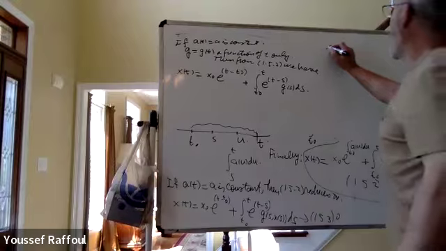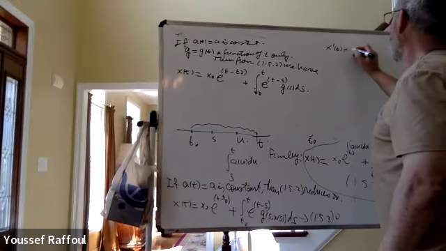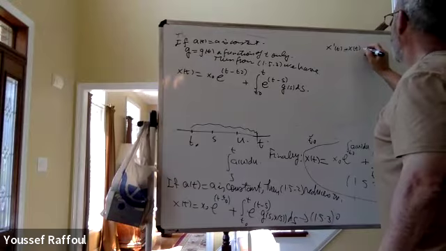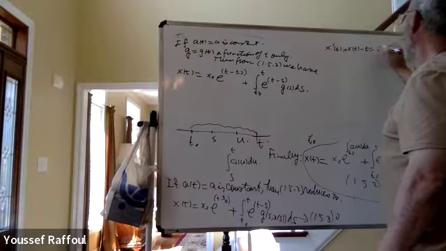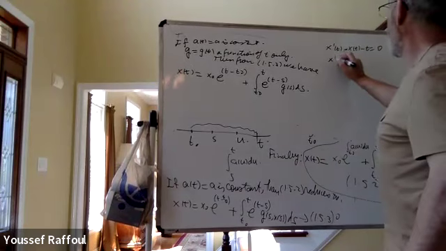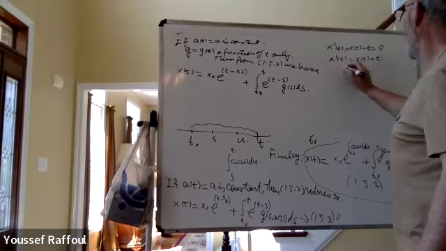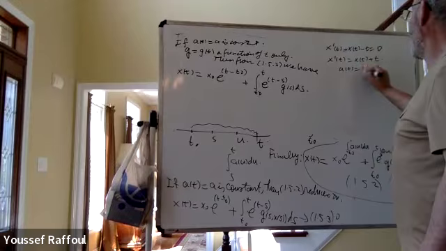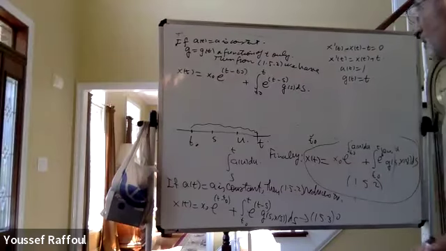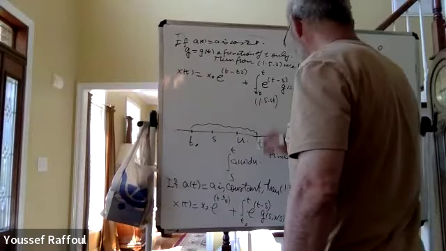So let's take a look at x prime of t minus x of t minus t equals 0. If I look at this formula, this is x prime of t equal x of t plus t. So a of t is 1 and g of t is t. So I can apply, let's say this is 1.54.